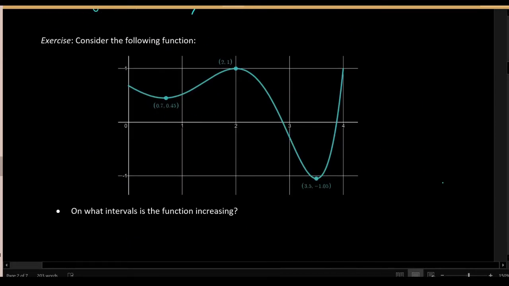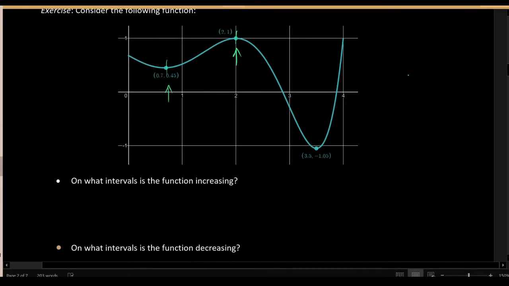For example, let's suppose that we returned to this function that we looked at briefly yesterday, and let's analyze this function using this language. Someone says, on what intervals is this function increasing? Yesterday when we analyzed this graph, we saw that the function was increasing and was slanted upward between t equals 0.7 and t equals 2. So that would represent one time interval where this function is increasing.